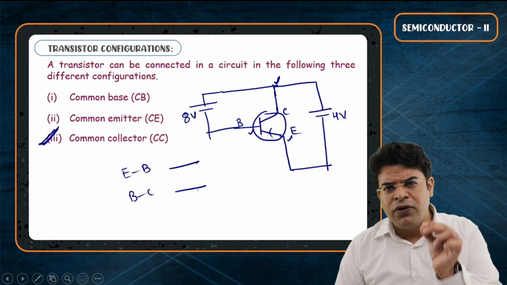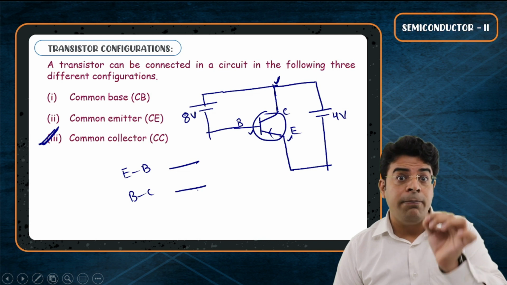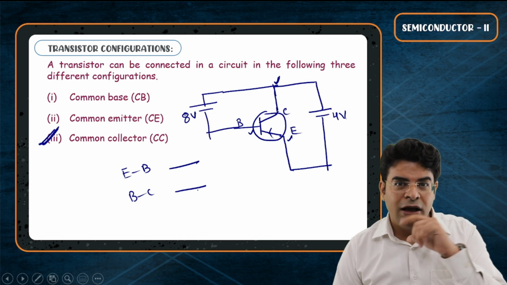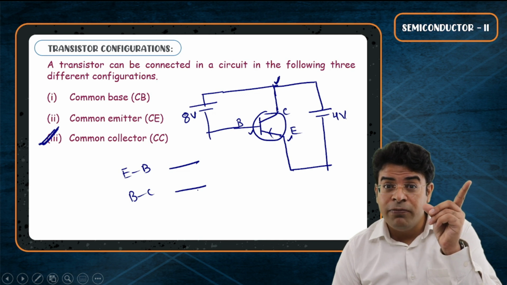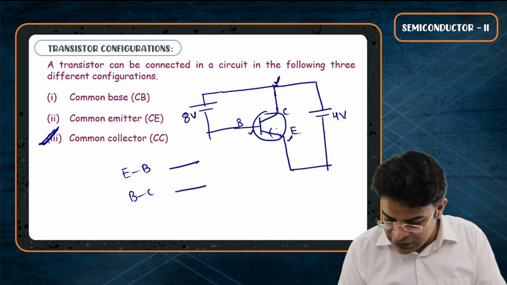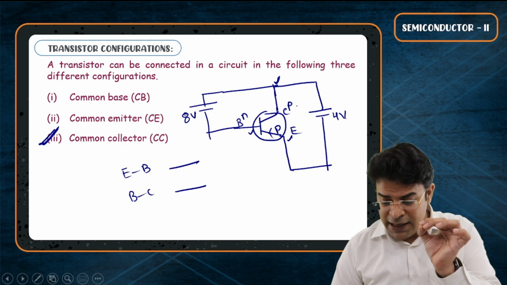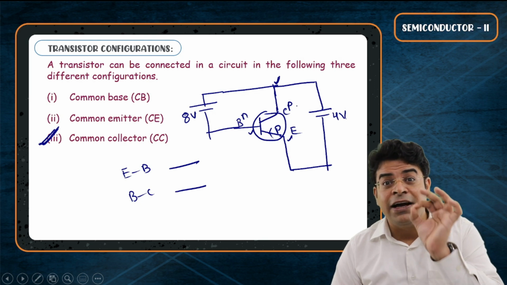First of all, you need to understand which type of transistor this is, PNP or NPN. Current comes out in case of NPN. Current enters the transistor in case of PNP. So sir, this is definitely PNP, where the emitter is P-type, the base is N-type, and the collector is again P-type.